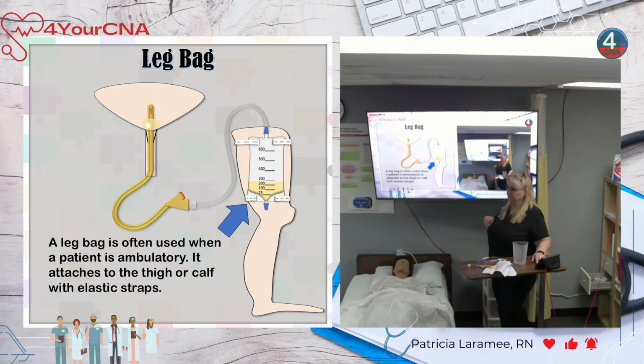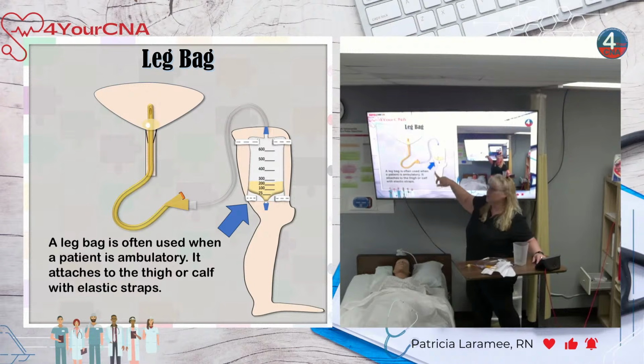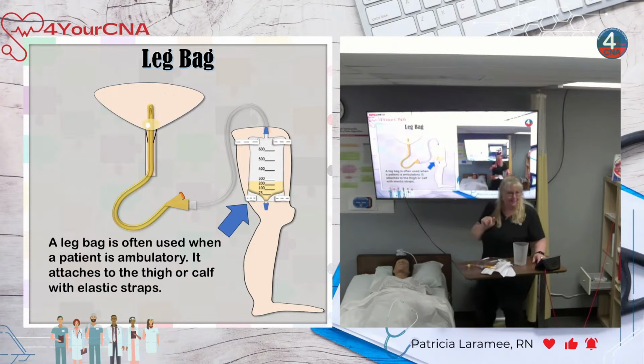No clue. Now, these patients are usually able to empty them themselves. They'll go into the bathroom just like you would go into the bathroom, but instead of using the toilet like you would, they would simply position this port over the toilet. It's a screw top, so they just unscrew it, and the urine empties from the bag into the toilet. They close it up, and they're ready to go again.